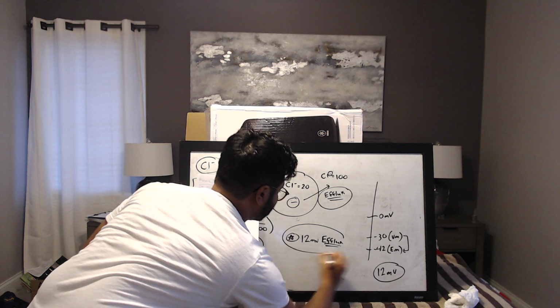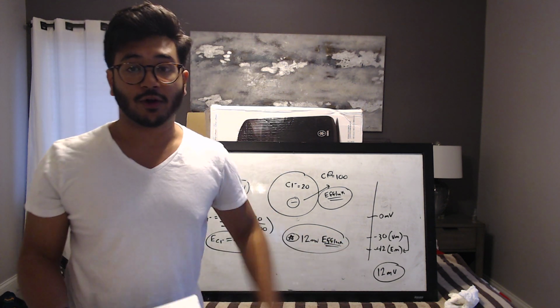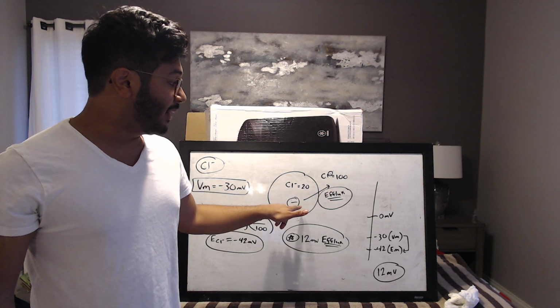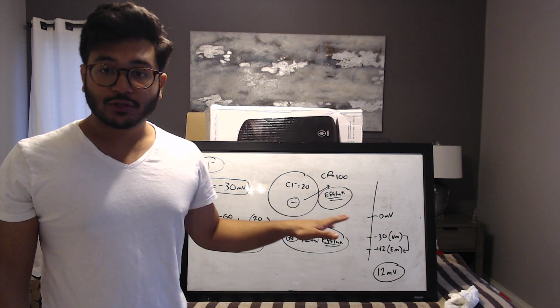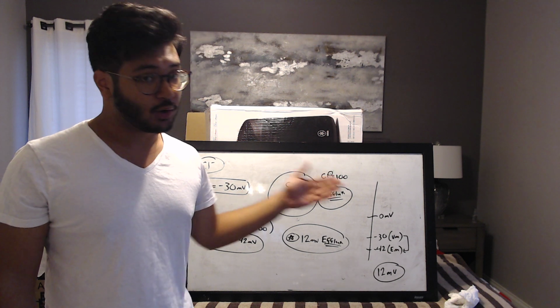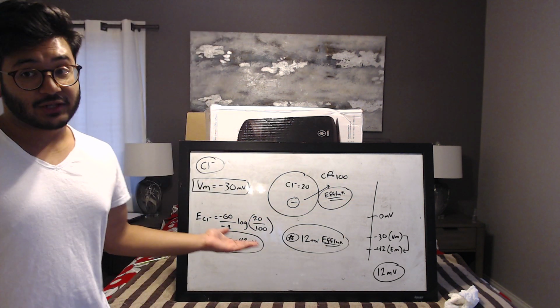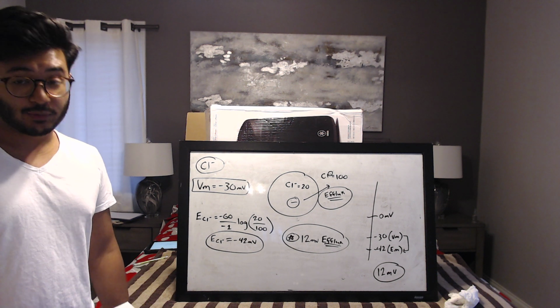And watch out, because this is what's going to come up as far as the answer towards efflux or influx. You have to look at where the charge differential is to most likely figure out where the ions are going to be flowing. So just watch out for that, and that should give you your answer right there. And that's it with that one.